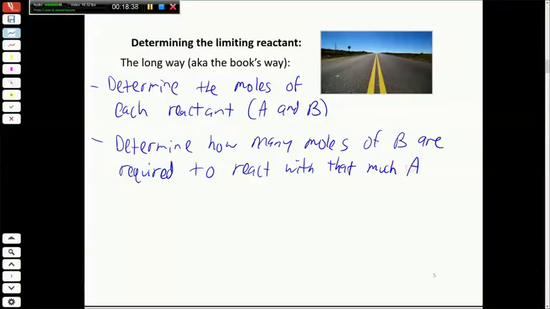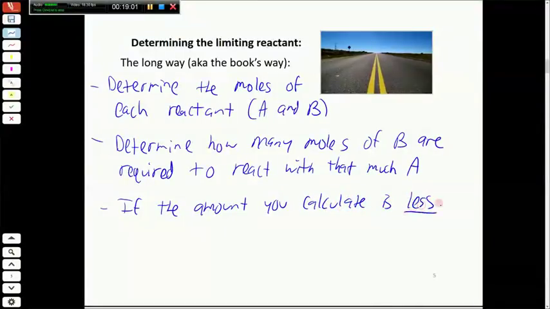Alright, so you're going to get an amount of B that is required to react with how much A you have, and then that number is either going to be bigger or smaller than the amount of B that you actually have. And if the amount you calculate is less than the actual amount of B present, and this is where this method gets confusing in my opinion, you have to remember the distinctions here and really internalize this.